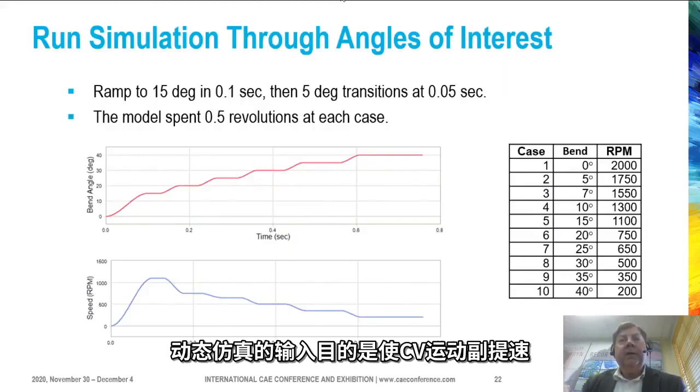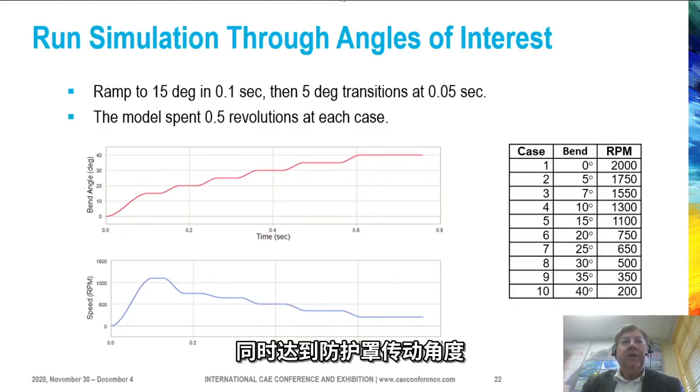The input into the dynamic simulation was to bring the CV joint up to speed, and at the same time come up to a starting transmission angle.